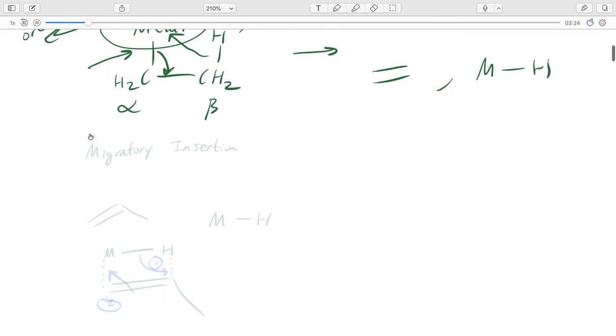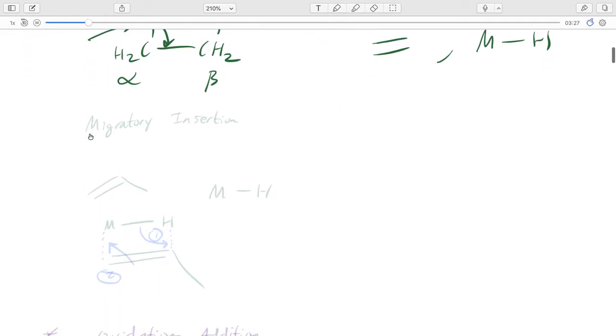And so going the reverse direction is just migratory insertion, where we attach the 2 carbons back onto it. Yeah, let's go over that. Migratory insertion.